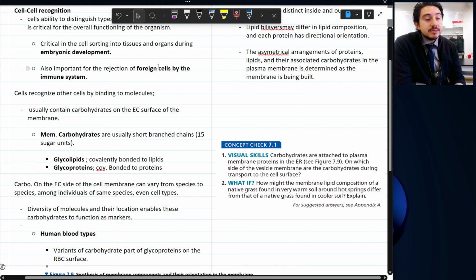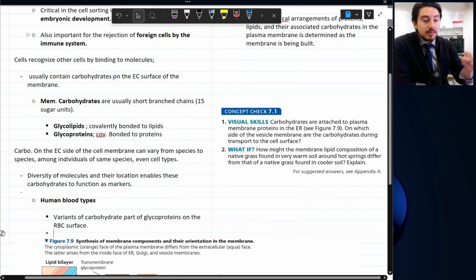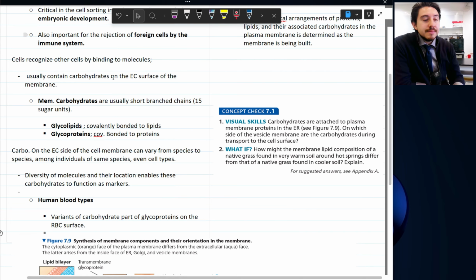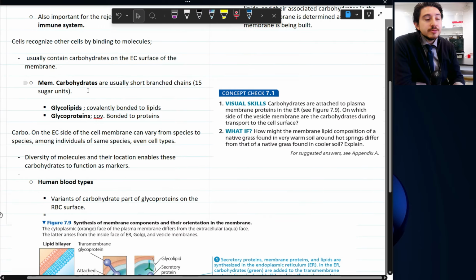Okay, and the way that they do that is by binding to molecules. Usually, these molecules contain carbohydrates on the extracellular surface of the membrane. These membrane carbohydrates are usually short branched chains, about 15 sugar units, and you can have several types of molecules.